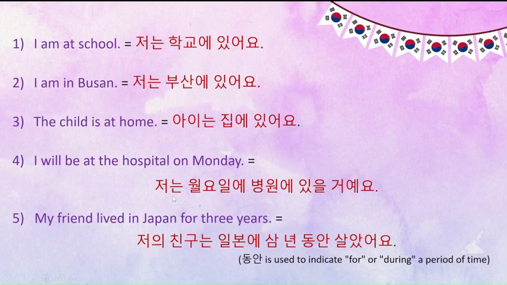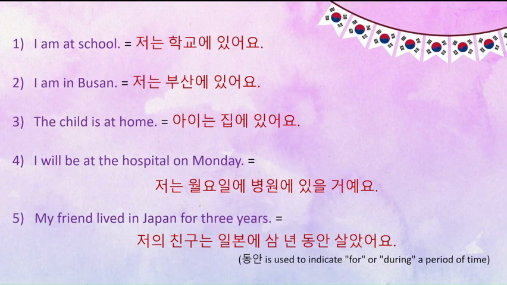So in Korean it will be 저는 월요일에 병원에 있을 거예요. Here you can see that I have used the particle 에 twice in the sentence. One to indicate the location and another one to indicate the time. Okay, we know that 에 is used as both a time and location particle and we already know how to use 에 as a time particle.